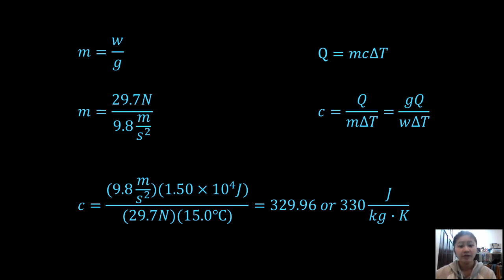As a reminder, we don't need to convert it into Kelvin, since Kelvin and Celsius have the same scale when it comes to change in temperature. So we would get 329.96, or if you want to round it off, 330 joules per kilogram times Kelvin. That's the unit of the specific heat.